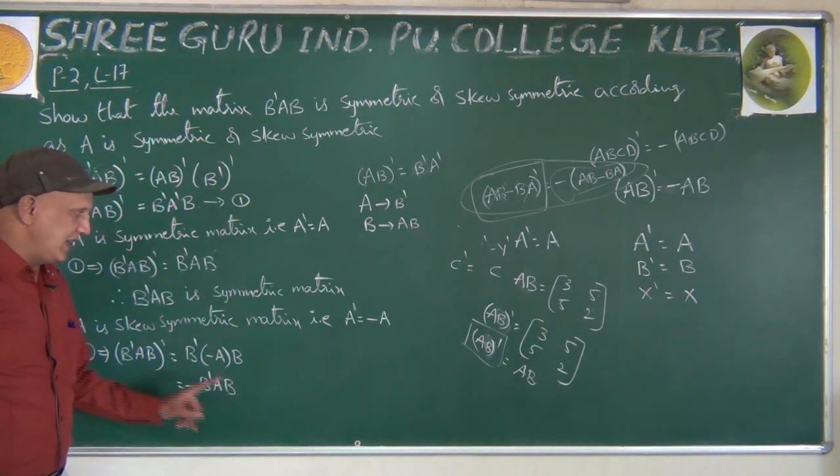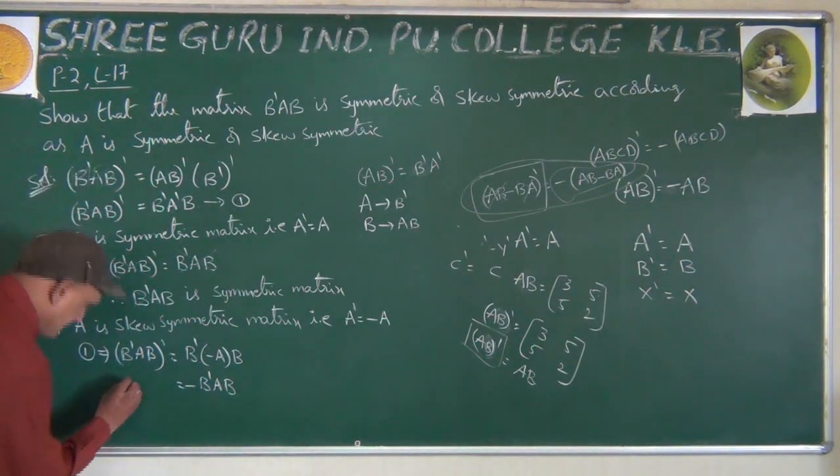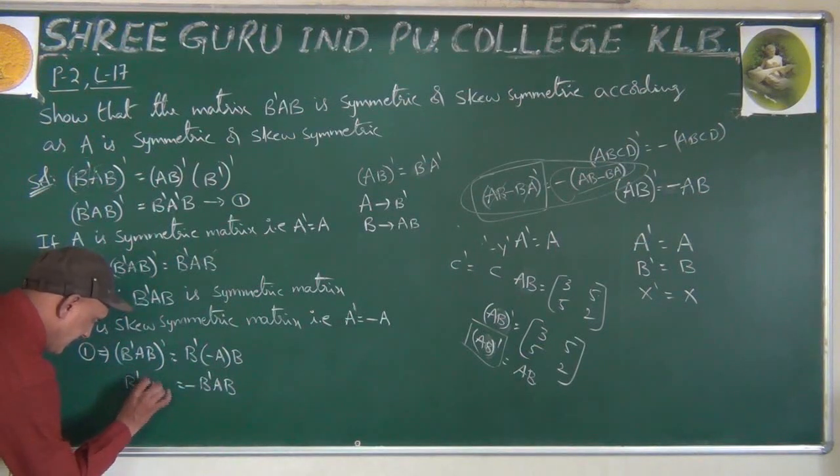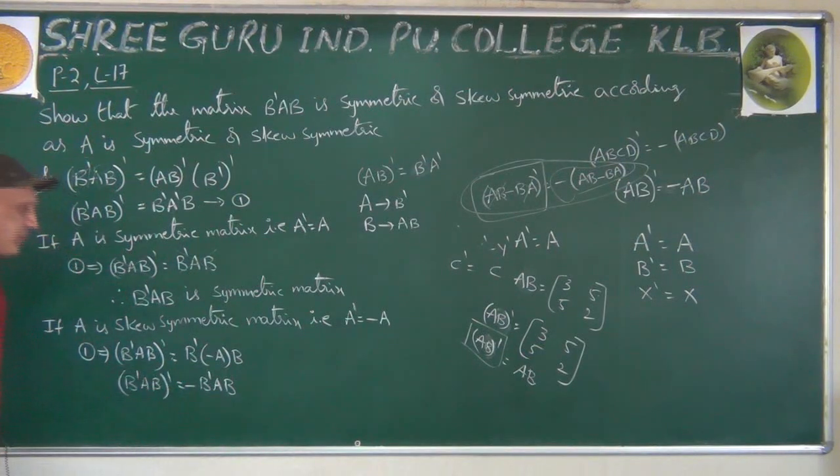So minus B dash AB. This is B dash AB whole dash.